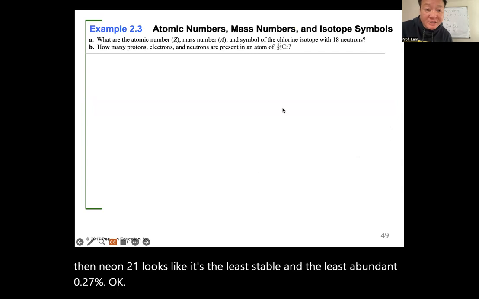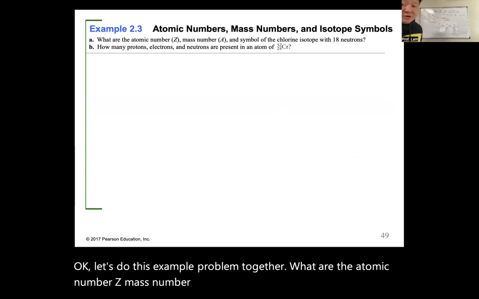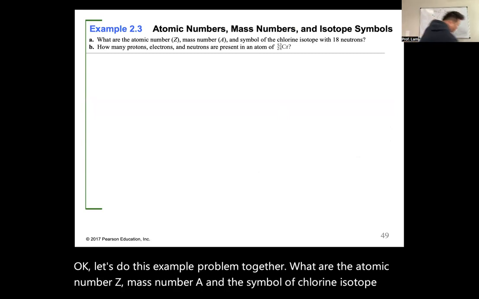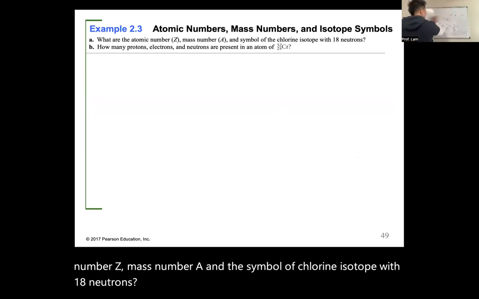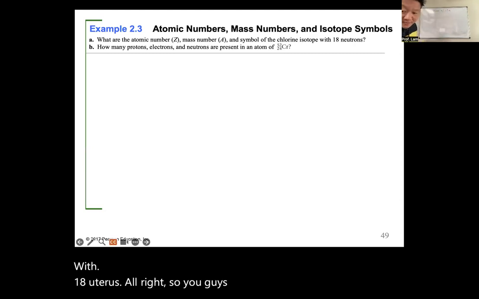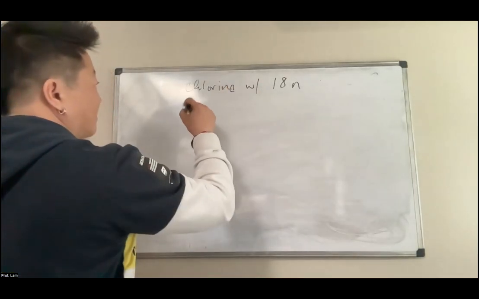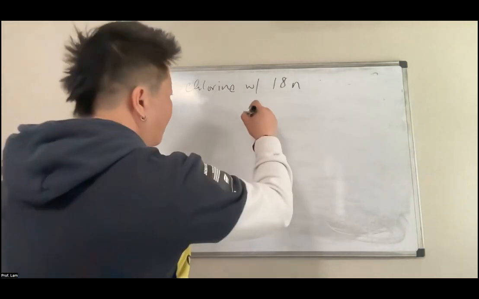Okay, let's do this example problem together. What are the atomic number Z, mass number A, and the symbol of the chlorine isotope with 18 neutrons? Chlorine with 18 neutrons. All right, so you guys can answer this, right? Get out your periodic table. Chlorine is what symbol? Cl.